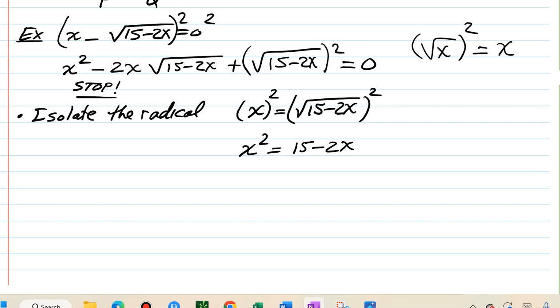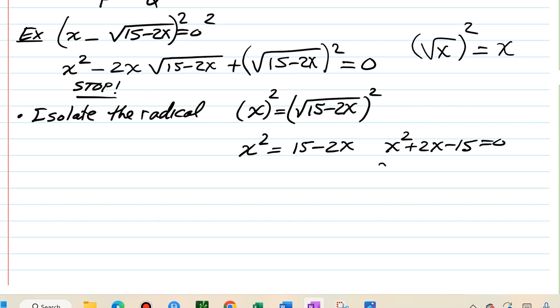Perfect, and the radical is gone. We can now solve this by solving a quadratic equation. If I bring the terms on the right to the left side, they become that.